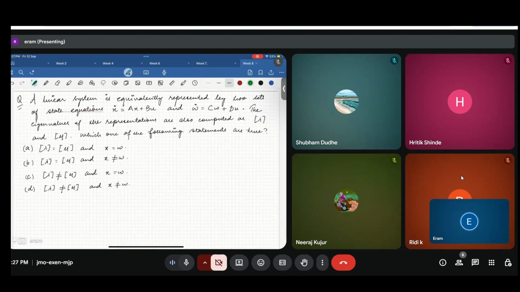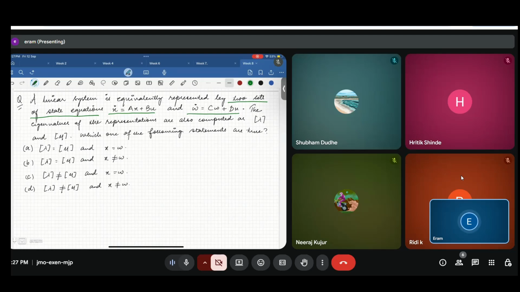In another question, we have a linear system represented by two sets of state equations. The first set is x dot equals Ax plus Bu, and the other is w dot equals Cw plus Du. These two sets of equations represent the same linear system.